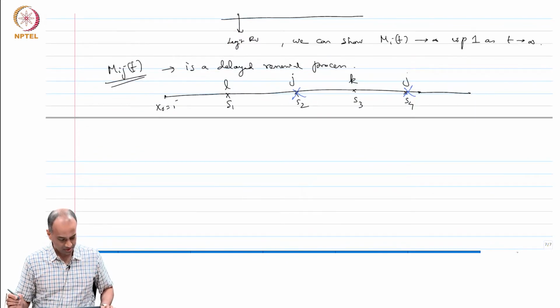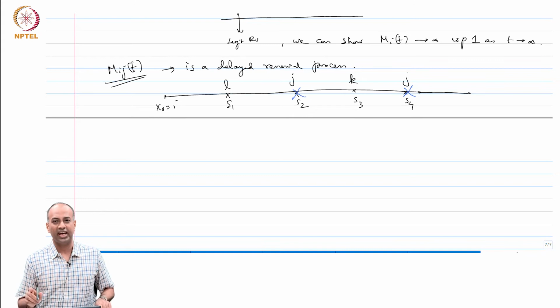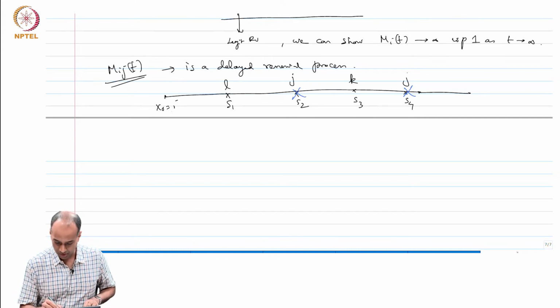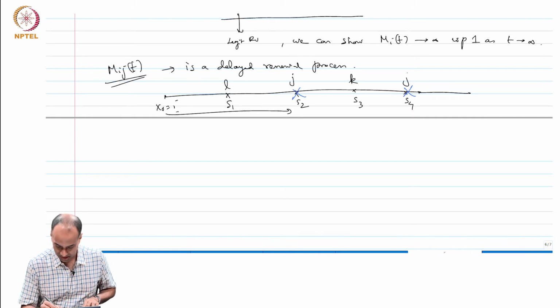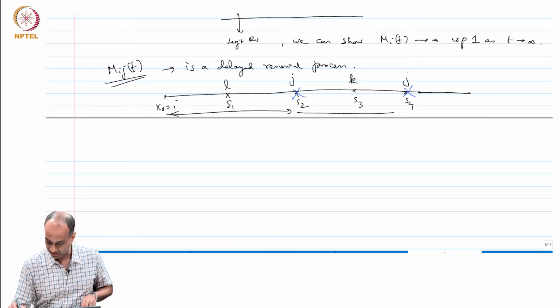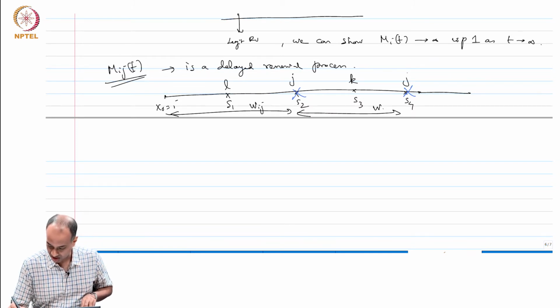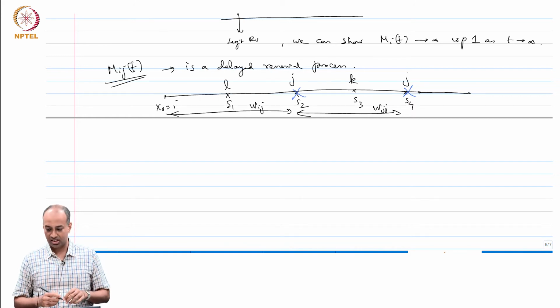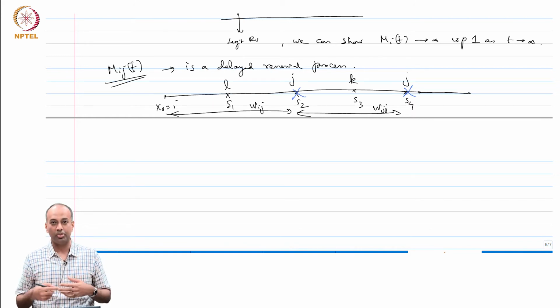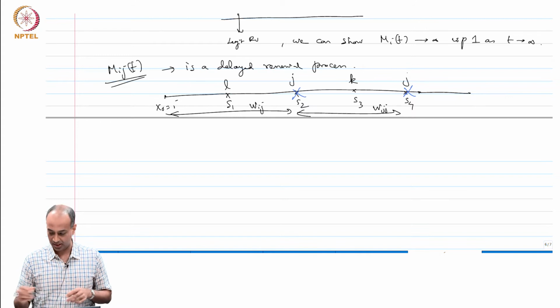So this involves some kind of proof in showing that the first entry times from i to j, if you call that interval Tij, and these intervals, maybe I should call them Wij and Wjj, have to be shown to be finite in the first place.